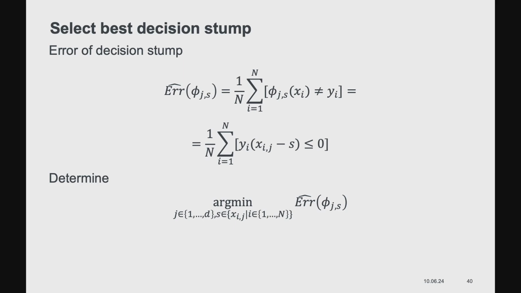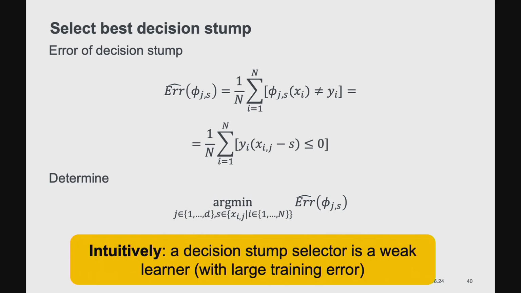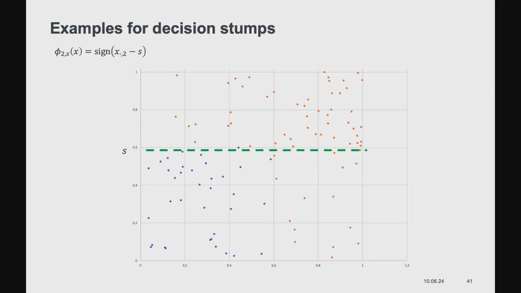So that limits the number of numbers that we have to look at. So among all these many different decision stumps, we look for the one that minimizes this error rate. So it's not so difficult to do this computation. It's a bit of effort, of course. But it's a local decision because we can do it locally for any attribute. This is a learner, but it's a super weak learner with a very large training error.